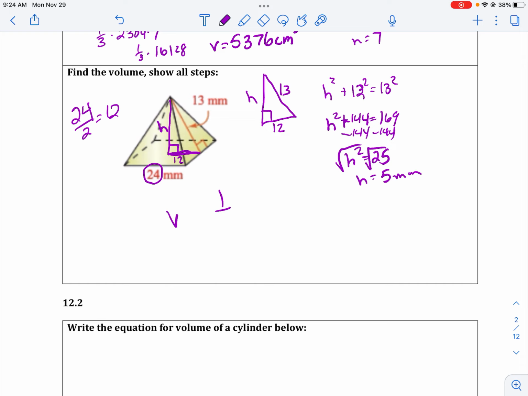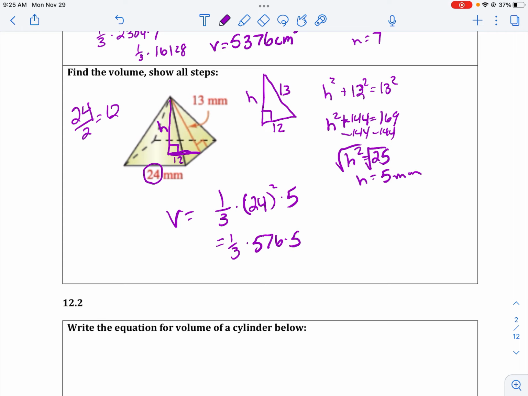Now I can find the volume, 1/3, area of the base. Remember, we have a square pyramid. Pyramids are labeled by their shape of the base, and we are only doing square pyramids because the shape of all the bases are going to be squares. Now let's begin to solve.